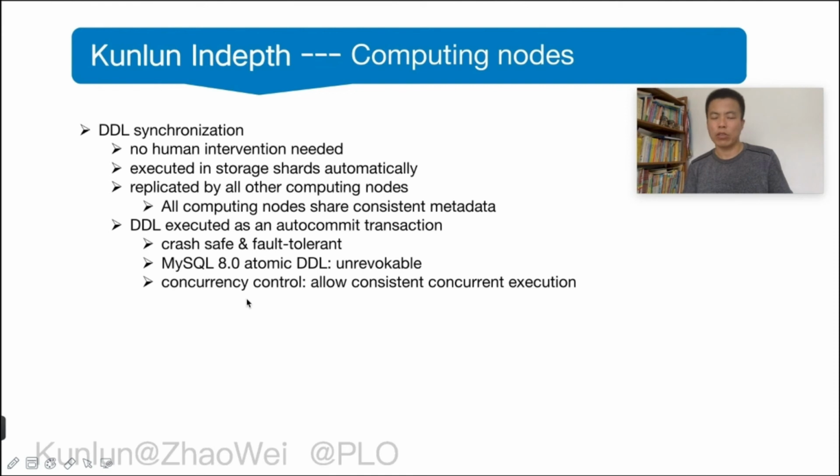The only unfortunate complication is that in MySQL 8.0 the atomic DDL isn't revocable. That means under certain circumstances, DBAs have to intervene and do some manual checks. And of course, such work can be automated by scripts too. Also, computing nodes can do concurrency control to allow consistent concurrent DDL execution.